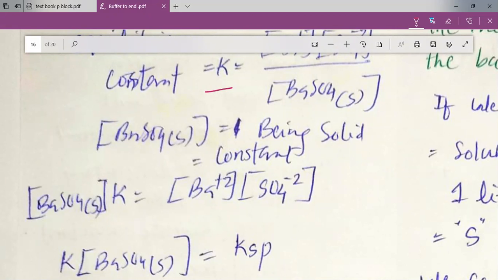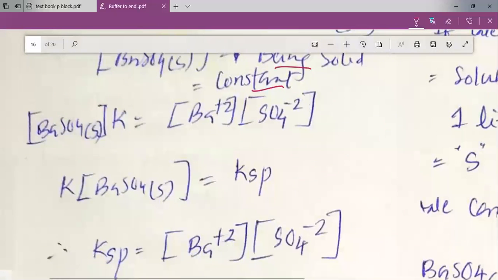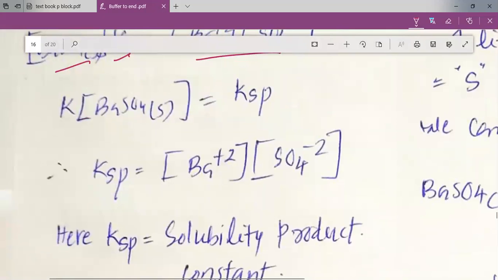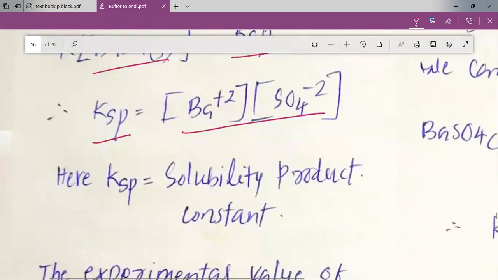So the concentration of solid BaSO4 is a constant, and we multiply it with K. So the concentration of BaSO4 multiplied by K is equal to the concentration of Ba plus 2 multiplied by the concentration of SO4 minus 2, and therefore K multiplied by BaSO4 is equal to KSP. Therefore KSP is equal to the concentration of Ba plus 2 multiplied by the concentration of SO4 minus 2.